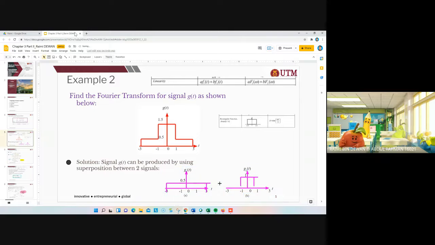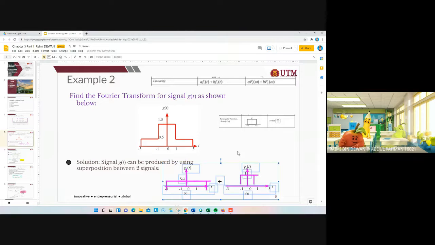You know this one is rectangular. This is -1, this is 1. So the signal can be produced by using superposition between two signals. Here it is -3 and 3, and that is related to tau: tau over 2 equals 3.